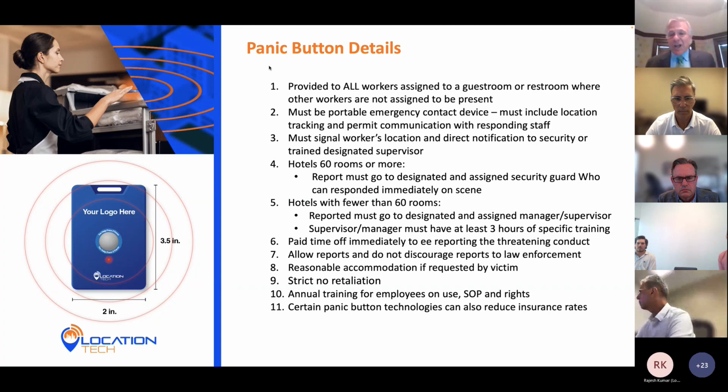Before I turn it over to Jeff, I did want to mention that a number of insurance providers in this space, for an appropriately functioning panic button that has all the bells and whistles, are prepared to give some form of reduction in your GL rates.